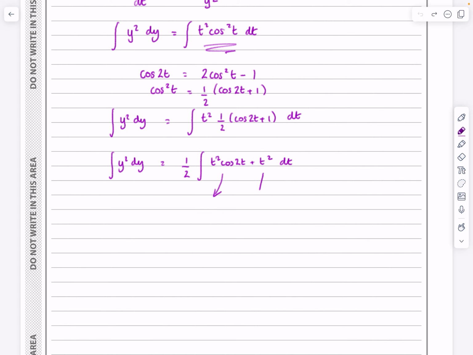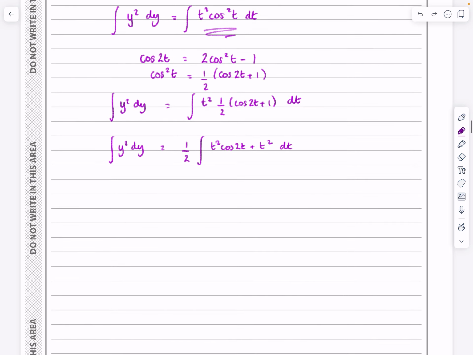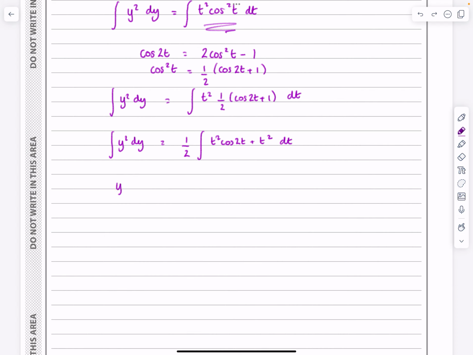So if we now integrate everything, we're going to get y cubed over 3 is equal to a half times the integral of the first part, which will be t squared over 2 sine 2t plus t over 2 cos 2t minus a quarter sine 2t.